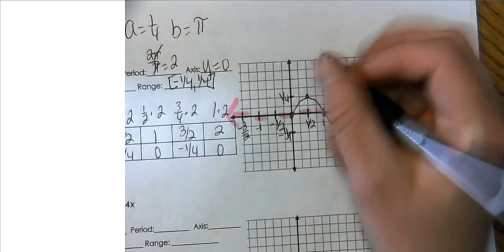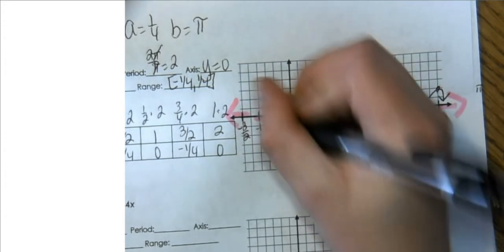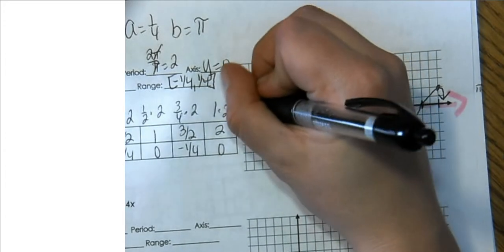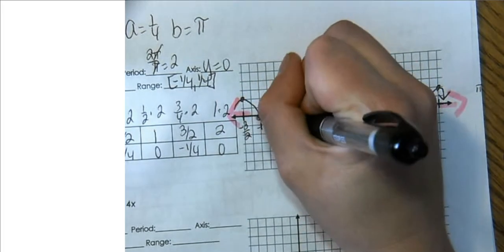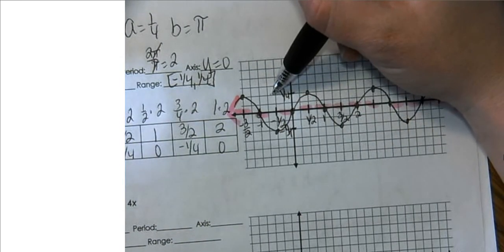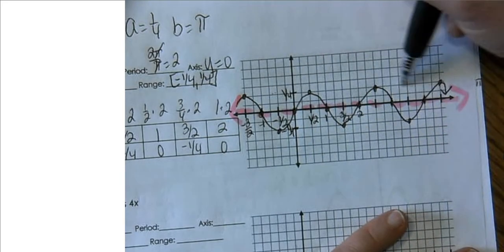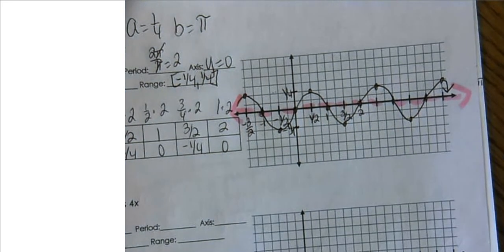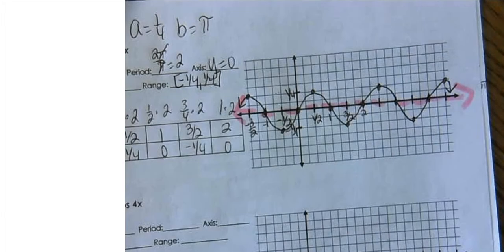I noticed that I was just up. I went through 0, so now I have to go down, 0, back up. That's another thing that kids struggle with, is that they want to go up again, but that is awkward and we don't want to do that. We want to make sure that this is flowing in the same exact motion every single time. And this is my max point, so I'm going to have an arrow pointing down.